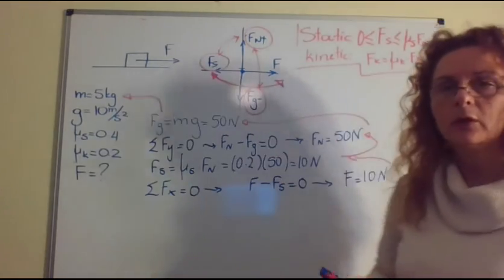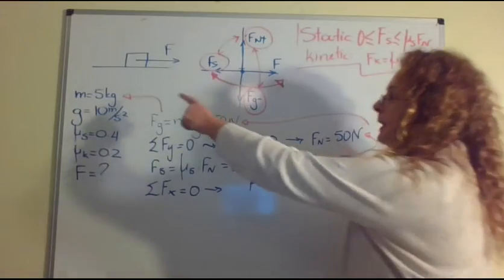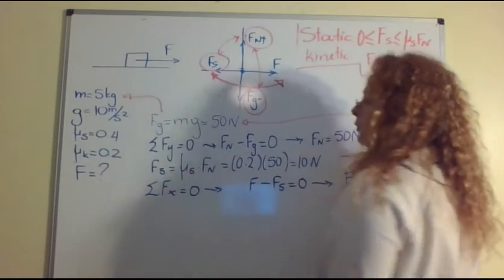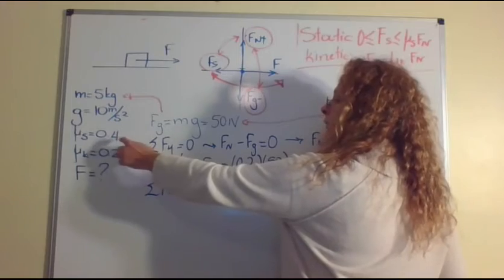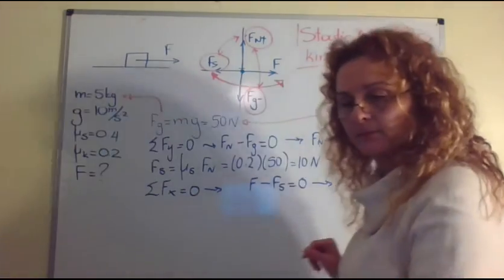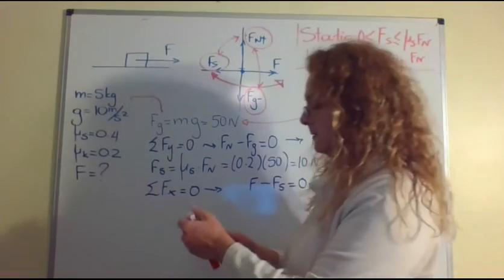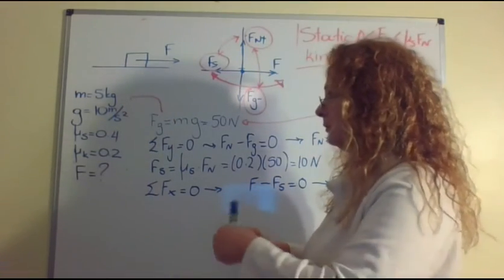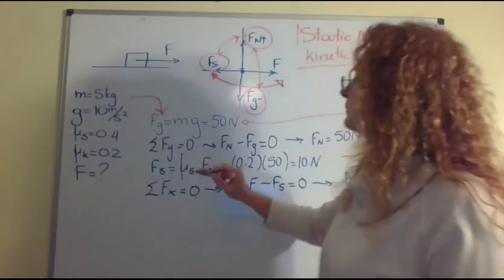Or we could do something else. They could give me the mass and the force and ask for the coefficient of static friction. So in this case, they could give me the mass, meaning I could find the force due to gravity.